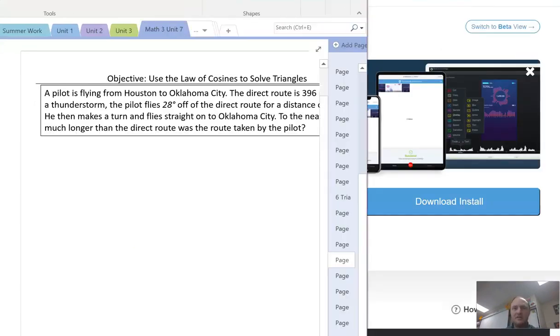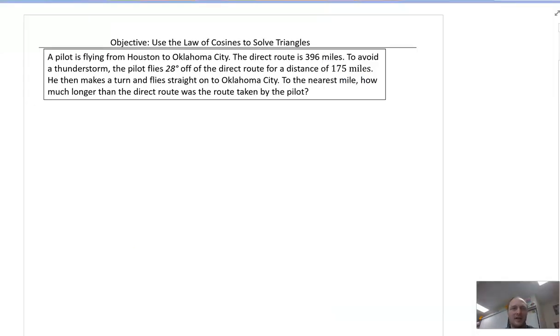So here is the context. It says a pilot is flying from Houston to Oklahoma City. Now, the direct route is 396 miles. However, makes sense, right? Going to Oklahoma City, there is a thunderstorm.